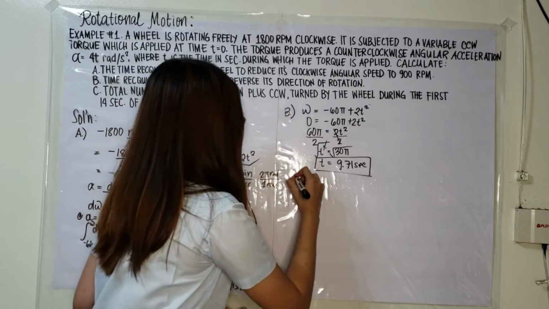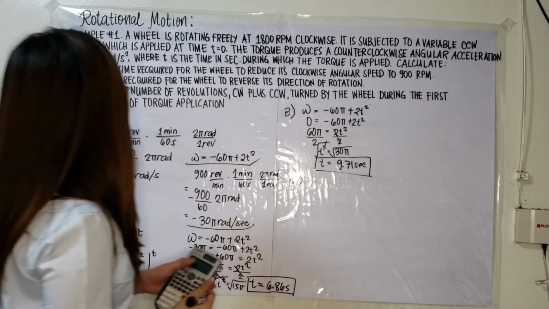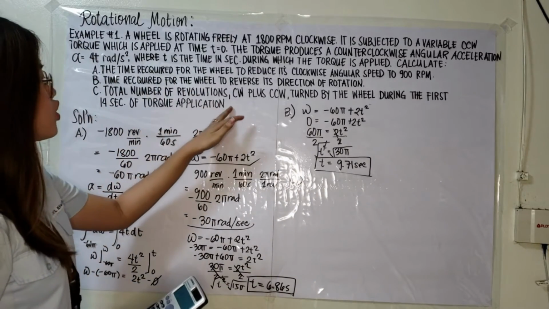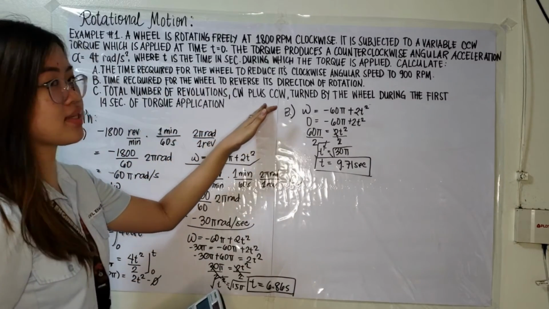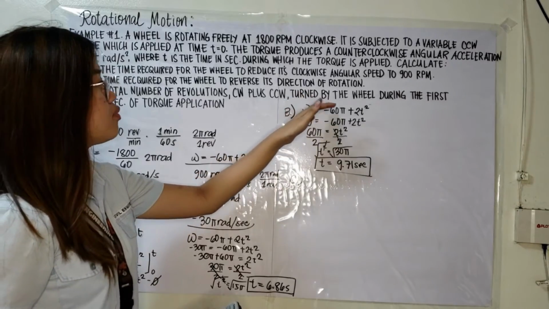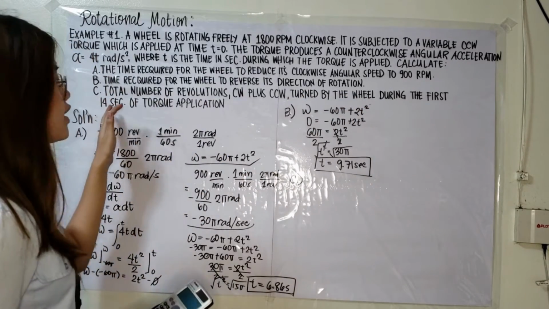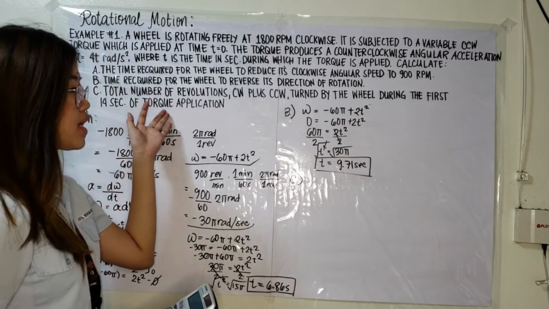So let's have letter C. Total number of revolutions, clockwise plus counterclockwise, turned by the wheel during the first 14 seconds of torque application.